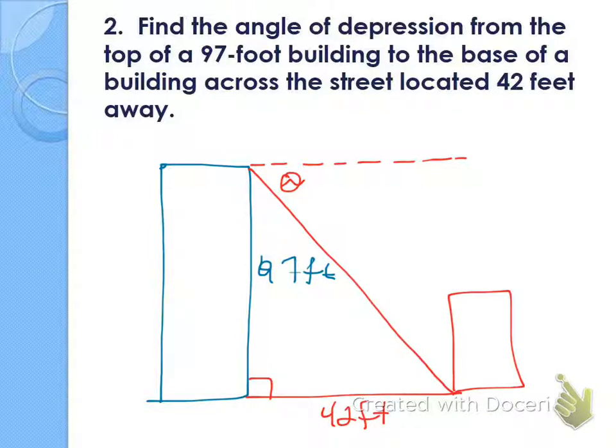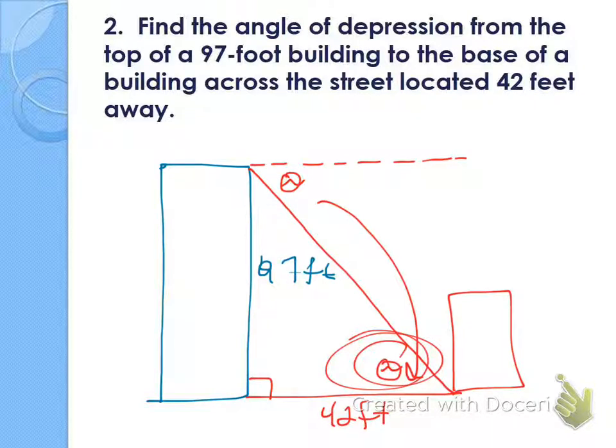Now, angle of depression. That angle is not inside of a triangle, so we have to move it and understand that the angle of depression from the top of that building is the same as the angle of elevation from the other building on the ground. So that's the angle that we want to use, this one right here.